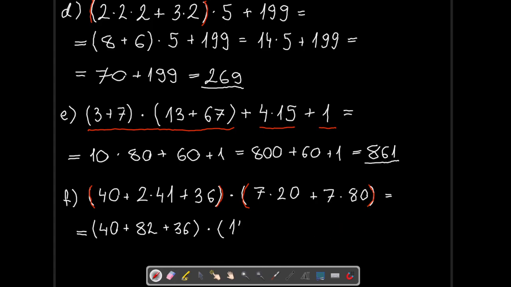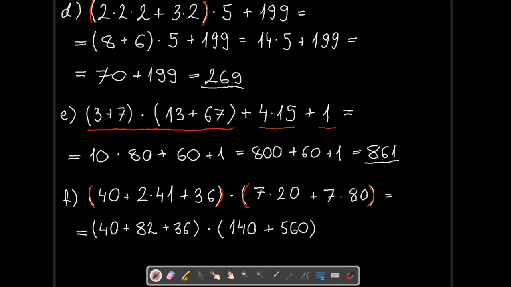So we have 140 here, and then 7 times 80, in a very similar way, is equal to 7 times 8 times 10, and 7 times 8 is 56, and then we just add an extra 0 to it.